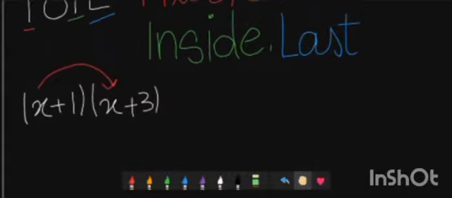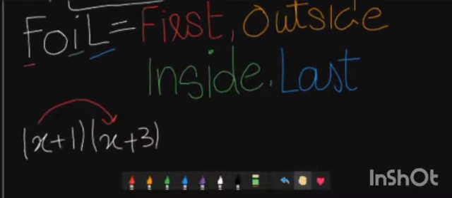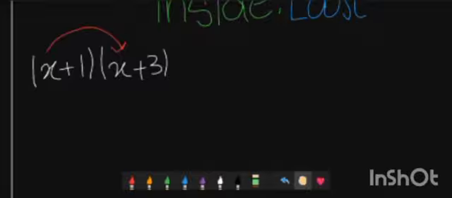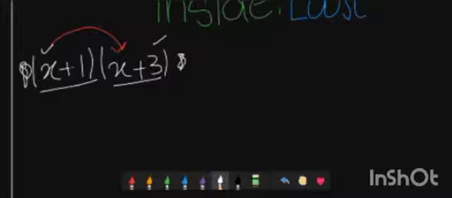So we will multiply this x with this x. The O in FOIL means outside, meaning the terms that are facing outwards. In this expression, the term facing the outside is x, and in the other expression, the term facing the outside is 3.